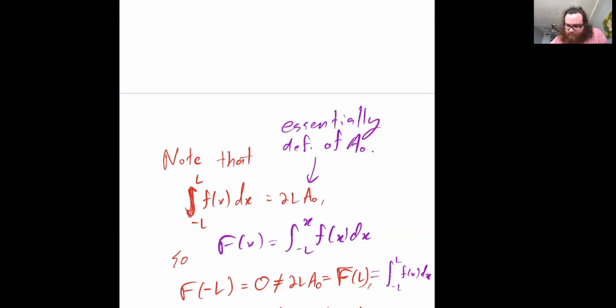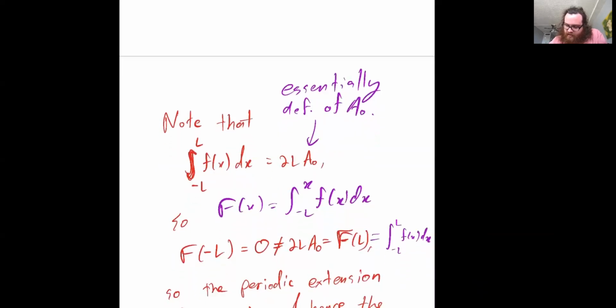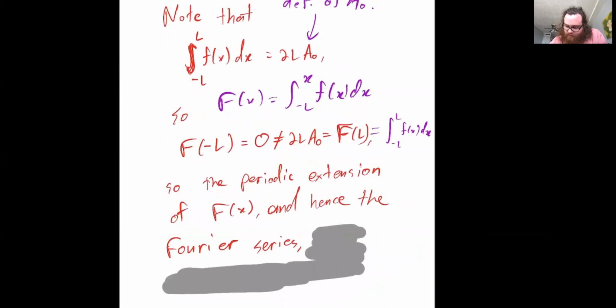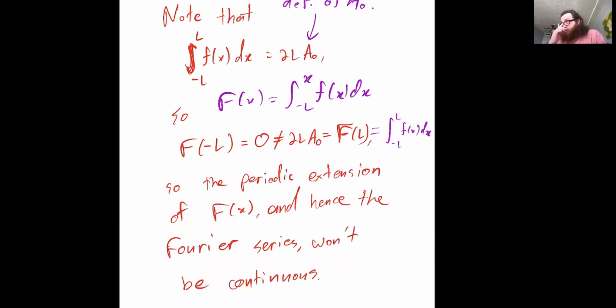So that's already something we need to keep in mind. The periodic extension of F of x, and hence the Fourier series, will not be continuous.